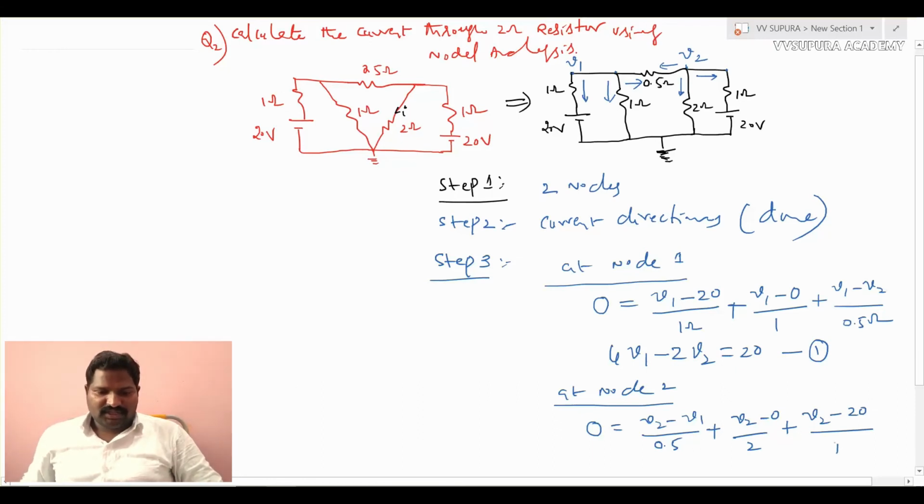These are the currents leaving from node 2. I can simplify this node 2 equation as minus 2V1 plus 3.5V2 equal to 20.